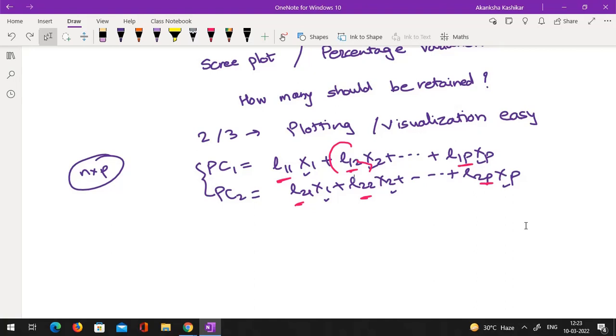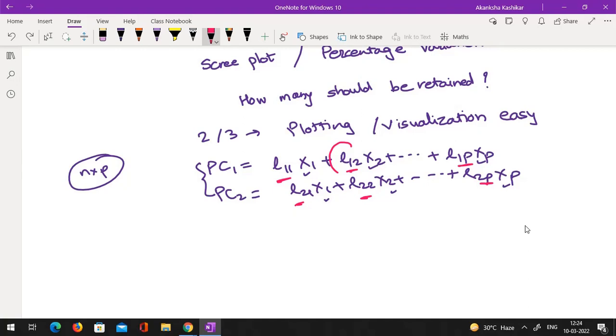What is the problem? If my xi's are in different units, then unit of xi's is also going to affect my coefficients, that is L11, L12, etc. Okay, so if say x1 is in centimeters and x2 is in kilograms, then L12 might be small, but that doesn't necessarily mean that x2 has less impact on PC1.